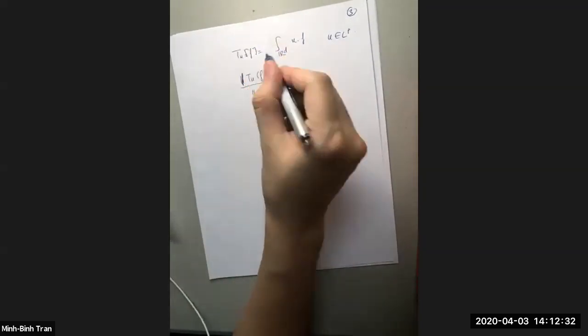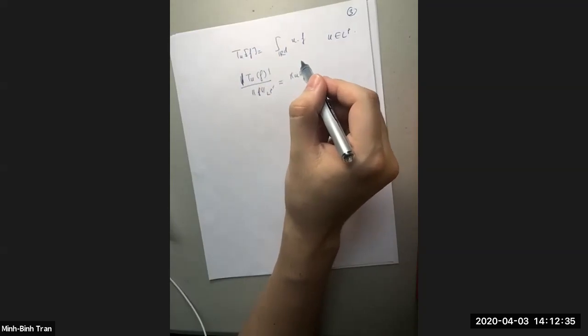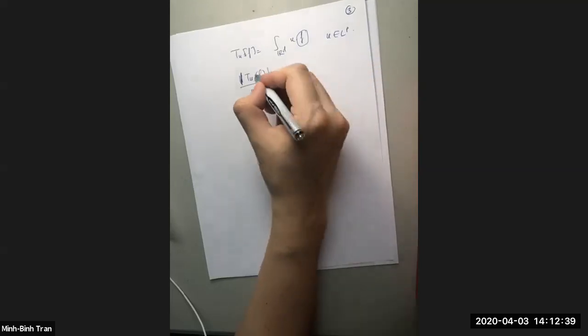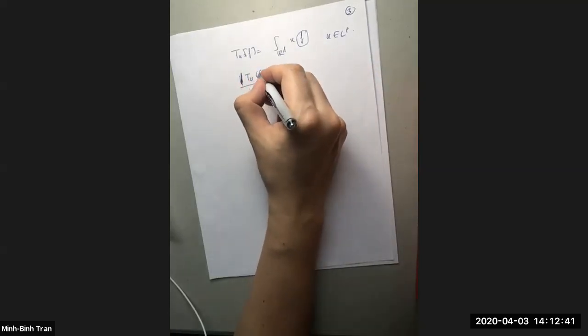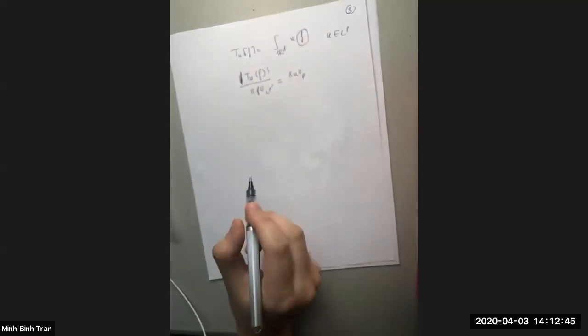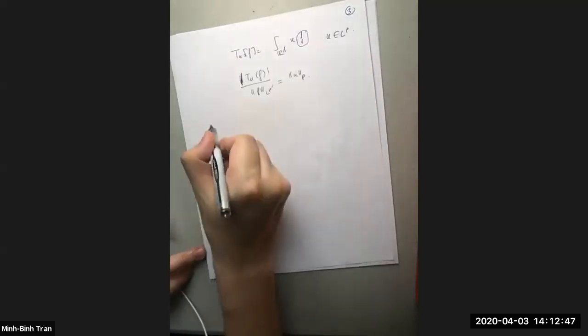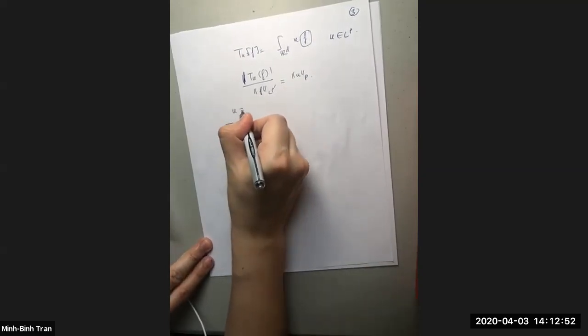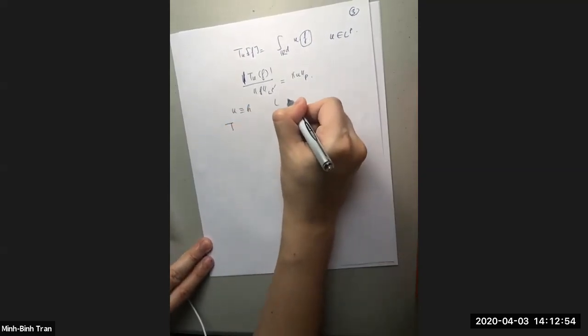So in the previous class, I chose a special form of f, so that the ratio between T_u of f and the norm of f will be the norm of u, right? So we're going to use a similar thing here because I'm going to replace u by h, like what Stephen said, Stephen's idea.